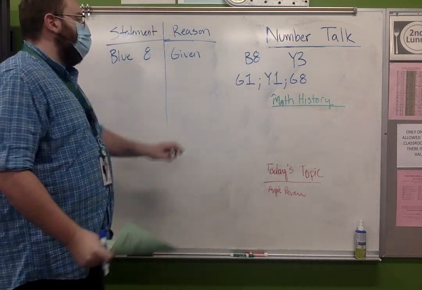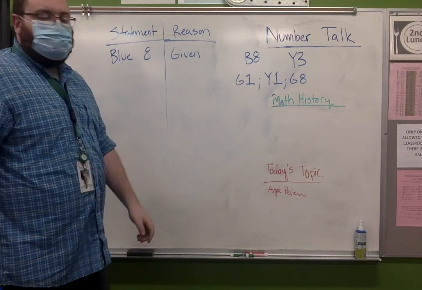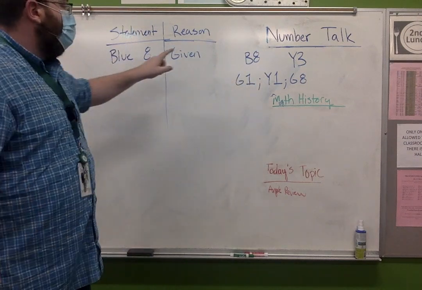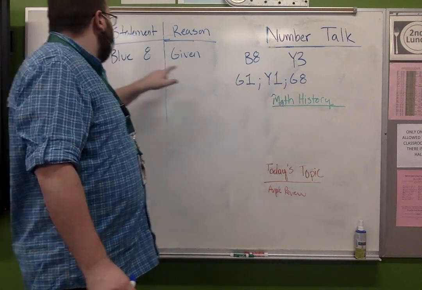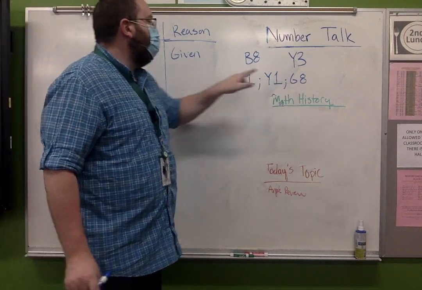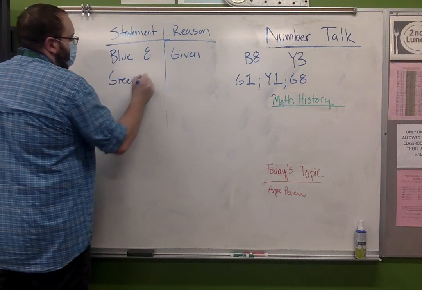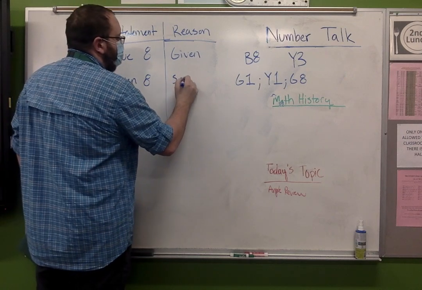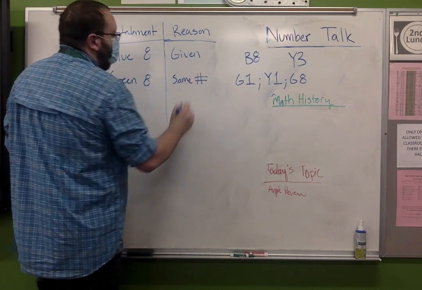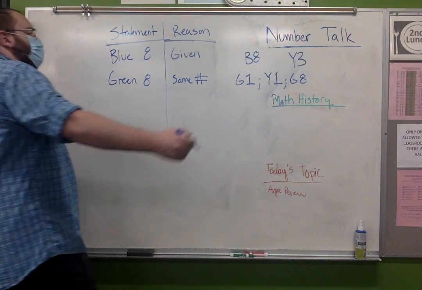Well, green is not blue. 1 is not 8, so I can't put that. Yellow is not blue. 1 is not 8, so I can't put that card. Green is not blue, but 8 is 8. So I can put a green 8 next. Green 8. The reason for that is because they're the same number. Right? I'm allowed to put the same number on top of each other, even if it's a different color. Okay, so I use this one.